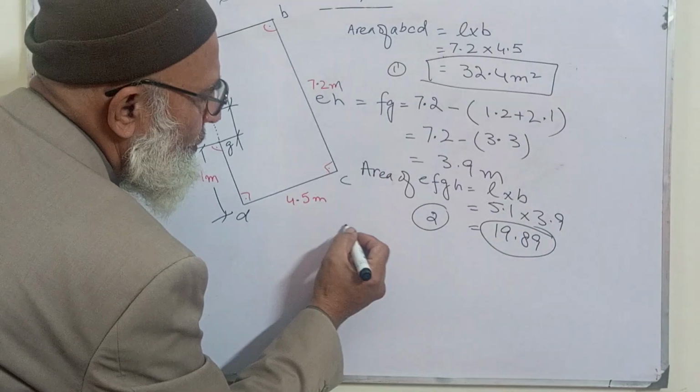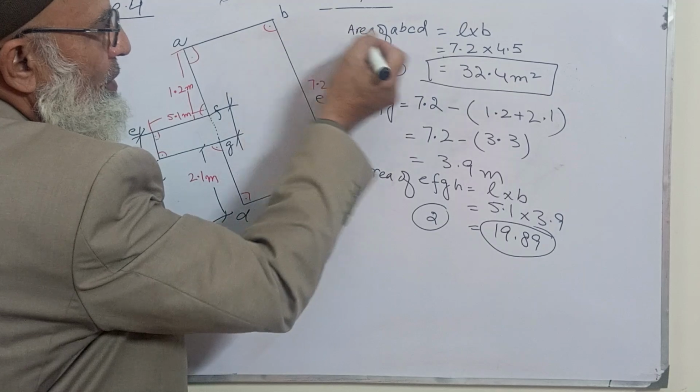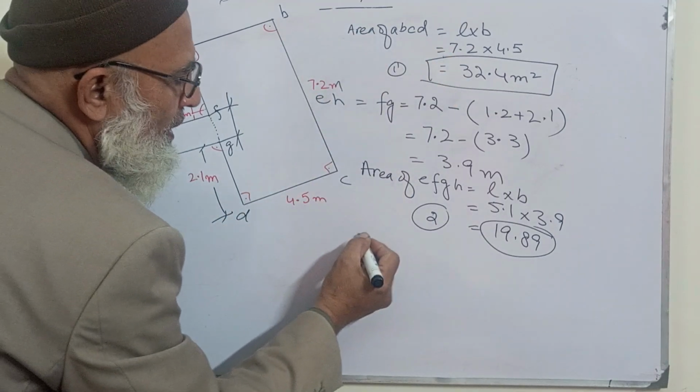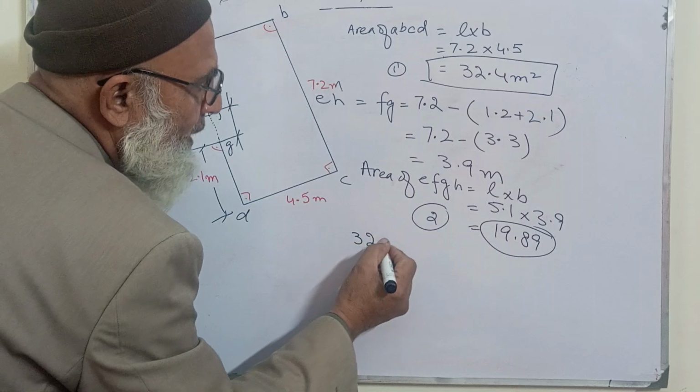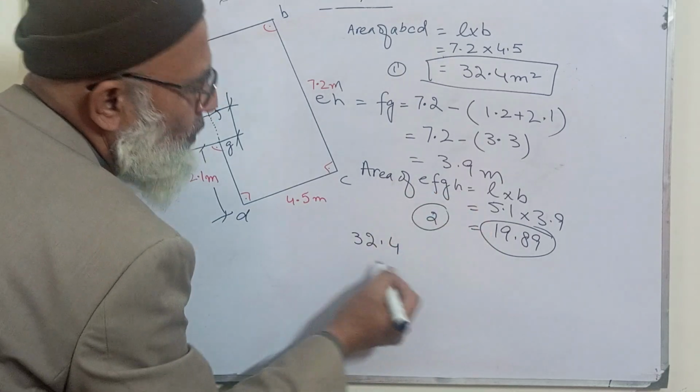That is equal to the area of ABCD, which is 32.4, and the area of EFGH was 19.89.